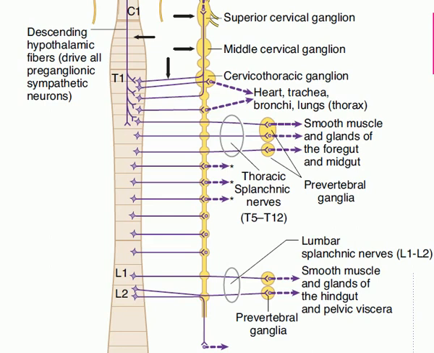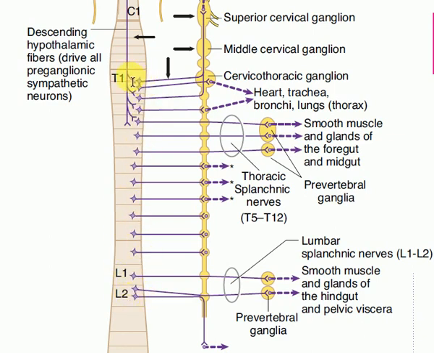The first problem that the sympathetic nervous system is faced with is that the cell bodies of the sympathetic nervous system are present only in a very restricted area of the spinal cord, from T1 to L2 levels, and only this collection of neurons is going to supply the entire body.